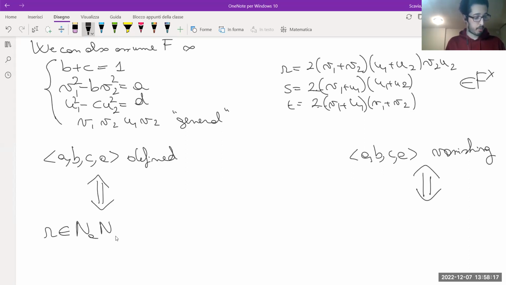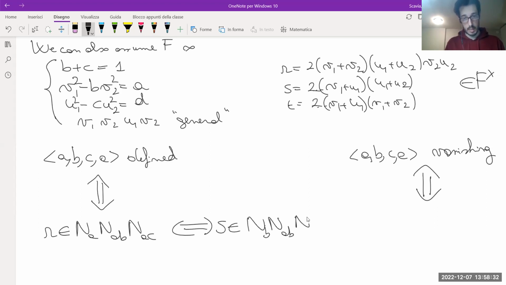ABCD is defined if and only if R is in the product of these norms, A, AB, AC, if and only if S is the product of these norms, B, AB, BC, if and only if T is the product of these norms, C, AC, BC.